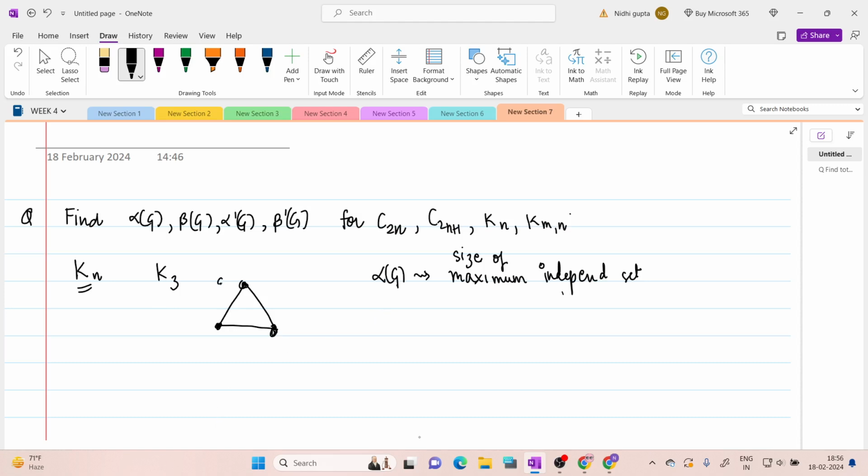Why is there no independent set? There is an edge between every pair of vertices, ma'am. Yes, that is true. So there is no independent set of two vertices. But what if we just take the set S to be A?